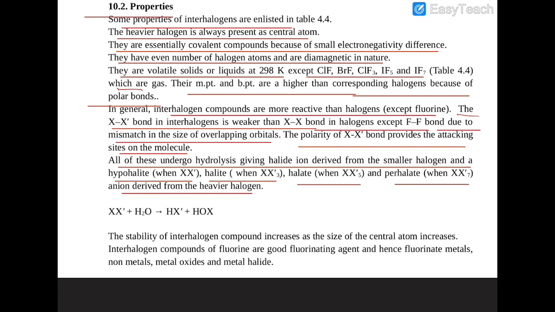All of them undergo hydrolysis, so the smaller atom will give you HX', while the bigger atom will give you hypohalous acid. So XX'3 when dissolved in water will give you what? HX' plus HXO2.